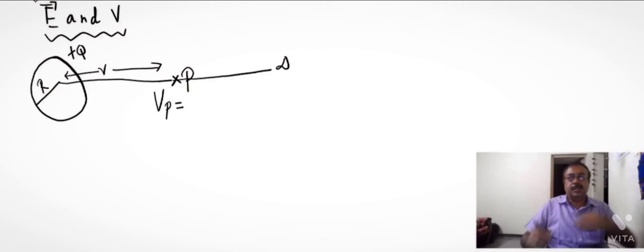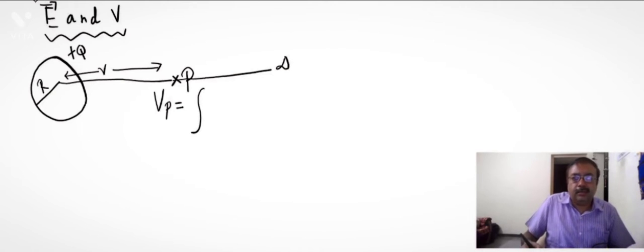Let's assume that the electric potential at P is always going to be the work done in moving a test charge through a distance dr. We are going to sum up in terms of an integral. The electric potential is going to be the integral of taking a test charge in your pocket and walking from r to infinity, and the force involved is the electric force.